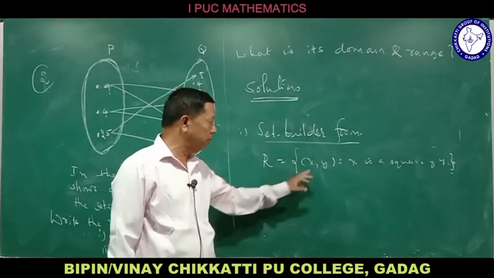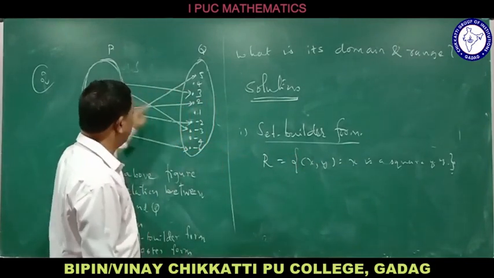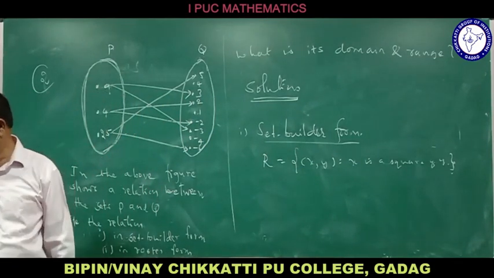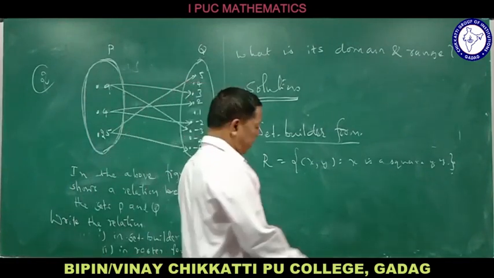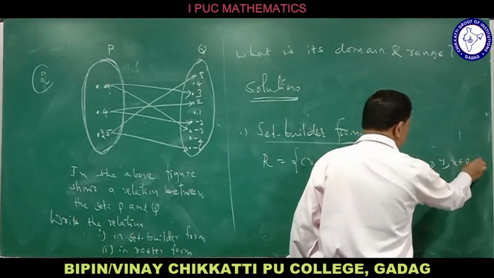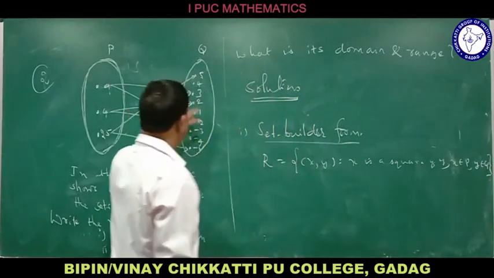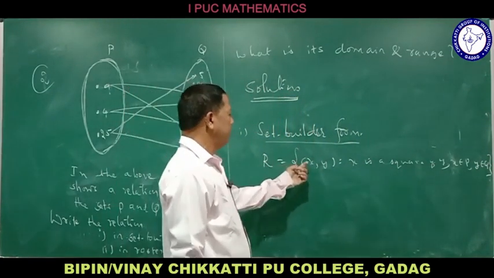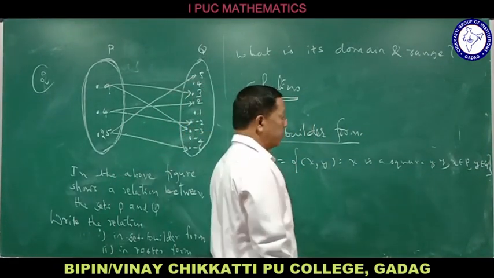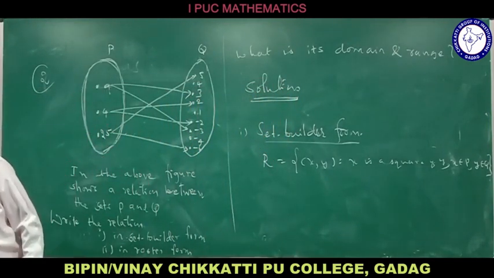Look, 9 is the square of minus 3 and plus 3. And here x belongs to P and y belongs to Q. So in set builder form: (x, y) such that x is the square of y, where x belongs to P and y belongs to Q.